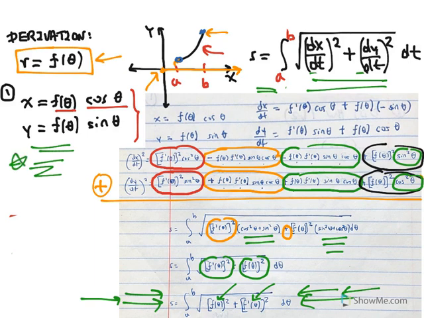We only had to do this one time to get this result. So now let's go ahead and use it to look at an example for finding arc length of a polar curve.